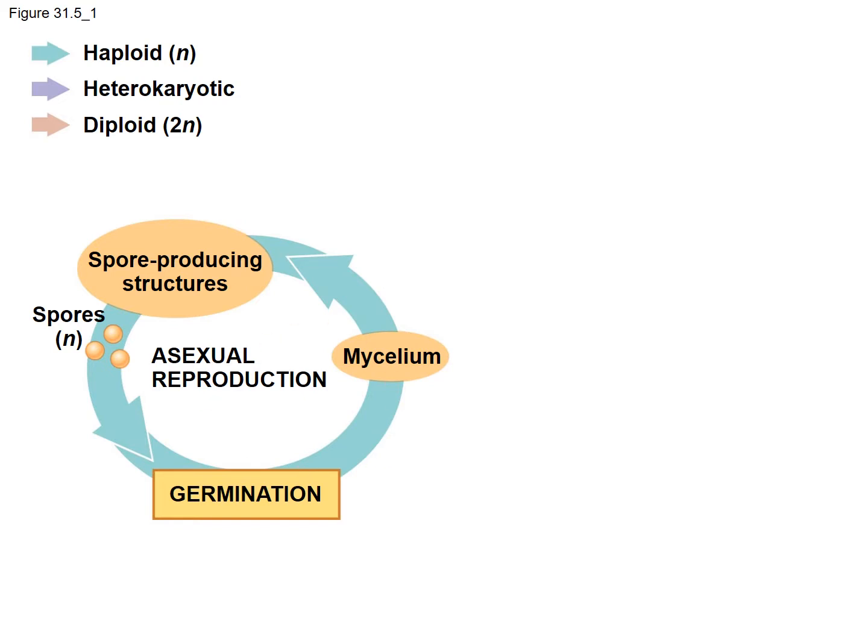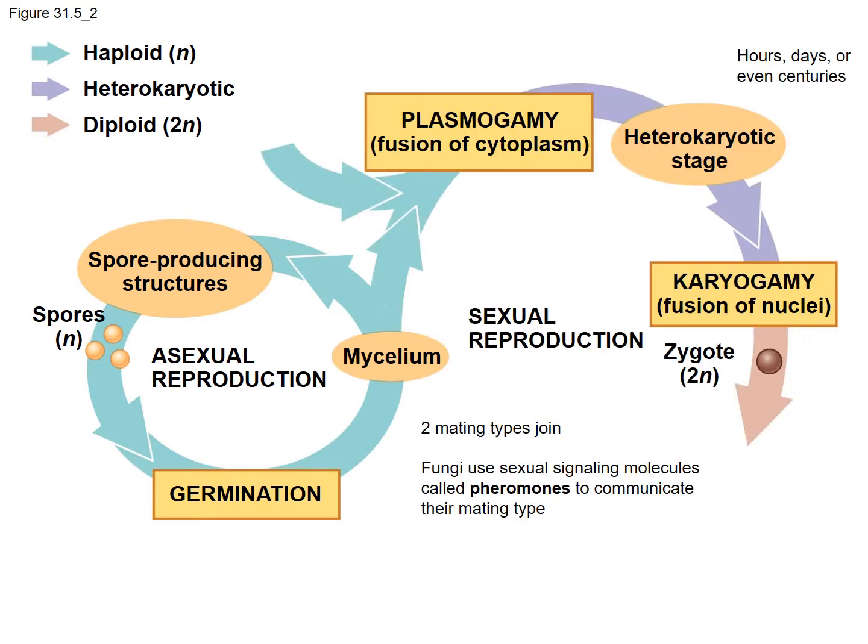So let's look at a general life cycle of sexual reproduction. Now, often they're linked, right? So we have these spores that are going to be released by the spore-producing structures. But in sexual reproduction, the spores can develop into hyphae, which will then fuse with a hypha from another mating type.